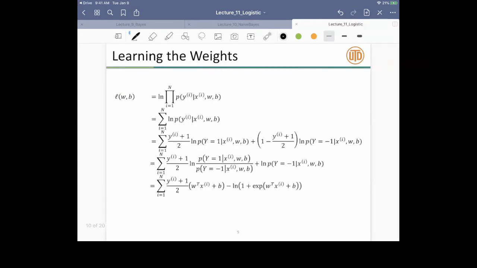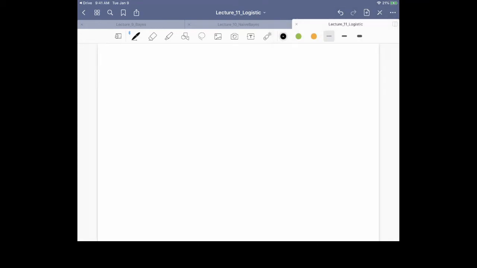So let's look a little bit at the learning problem. What is the expression for learning? Actually, let me just derive this from scratch. I'll do this in a slightly different form than was there in the slides previously, just so that you can see this form as well.